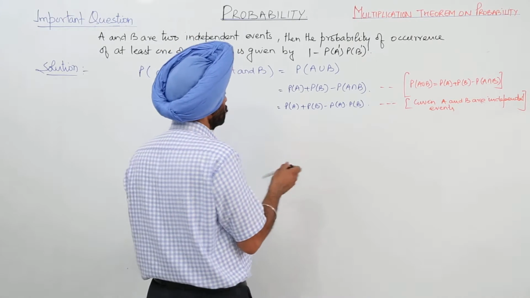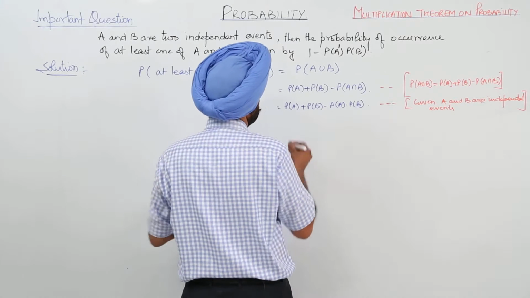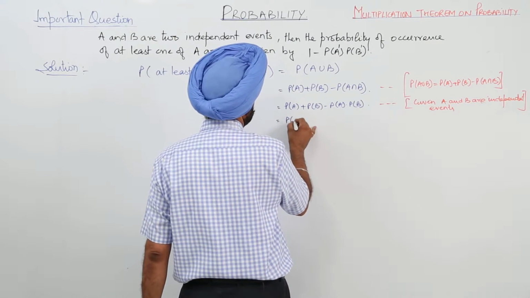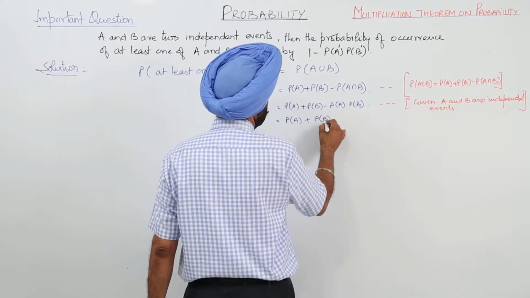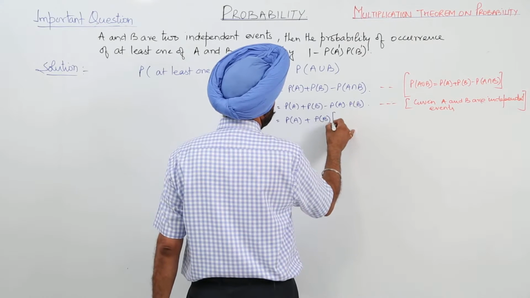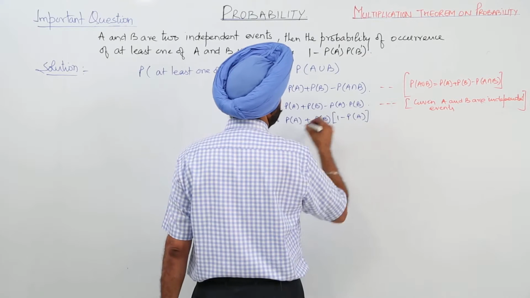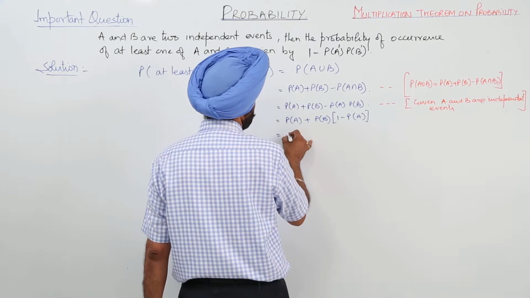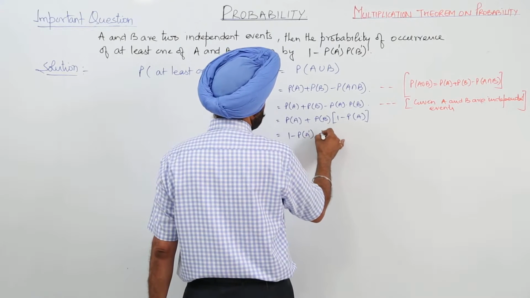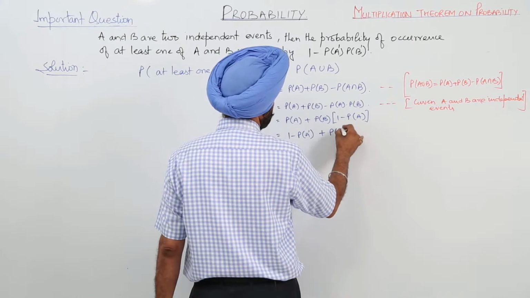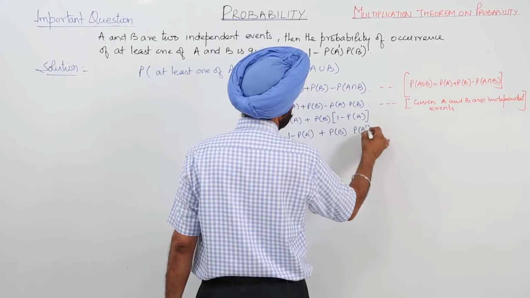Now, plus probability of B, if we are taking common from these two, then we are having 1 minus probability for A, 1 minus probability for A naught plus probability of B with probability of A naught.